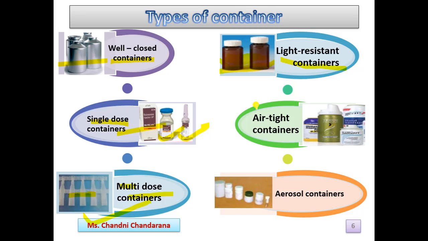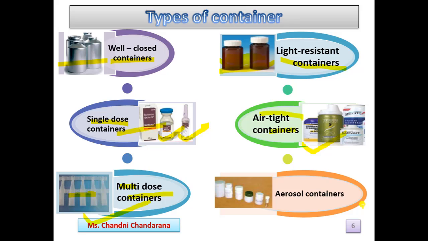Now the next is airtight containers. So what is an airtight container? Here we can see this kind of container. These are containers which have an airtight sealing, or closing. These containers protect the product from dust, moisture, and air. That's why it is an airtight container.